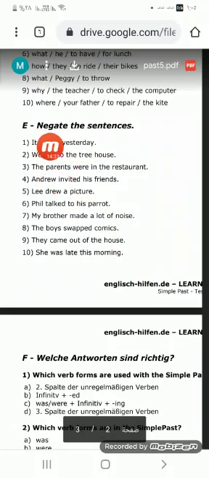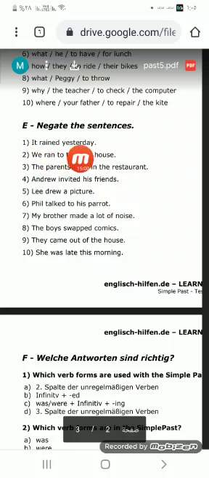Look at this sentence. Negative. I want you to make negative. Number 1. It rained yesterday. In negative, we put didn't before the verb. Where is the verb? Rained. So the sentence will be, it didn't rain. Delete ed from the verb.